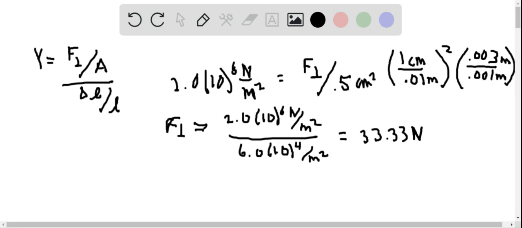Okay, from this point, we have to look at an equation which is called Hooke's law. Hooke's law is given as the force is equal to kx. We also need the potential energy, which is what we're looking for.